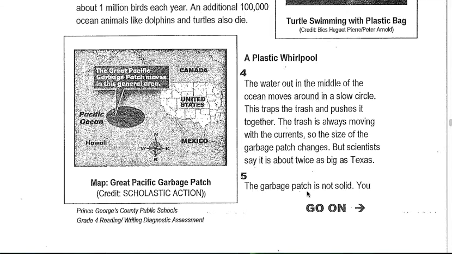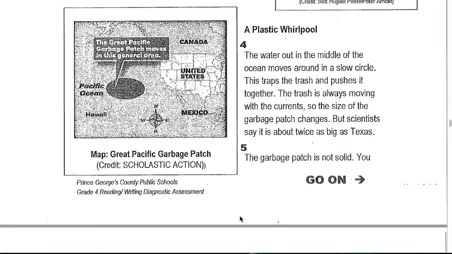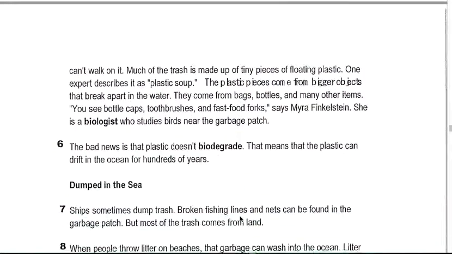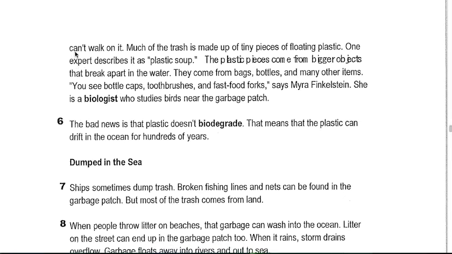The garbage patch is not solid. Next page. You can't walk on it. Much of the trash is made up of tiny pieces of floating plastic. One expert describes it as plastic soup.